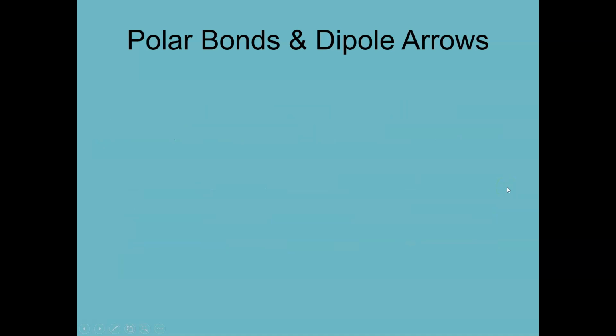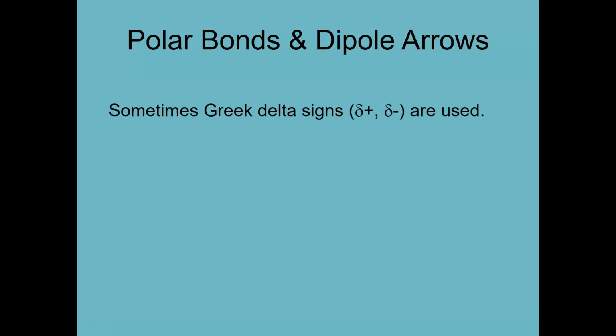You may sometimes see, and even from me, although I don't know that I'm ever really going to require you to do this, the use of Greek delta signs to indicate bond polarity. That's simply saying that instead of using a bond dipole arrow like this, in which we put the whole arrow saying this is the partially positive end and this is the partially negative end, we could use these deltas to say this delta simply means partially positive carbon, partially negative oxygen.